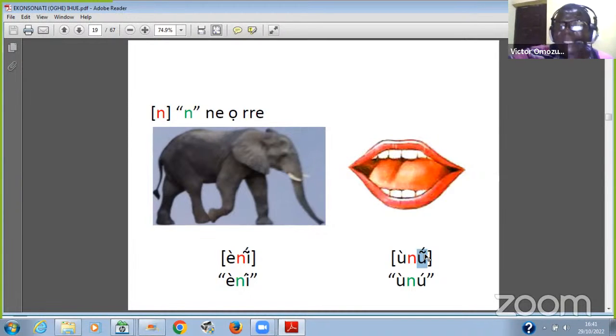But those who grow up in London or somewhere, they speak exactly like the British people. They will not have that same feature of rightward nasalization after a nasal consonant.